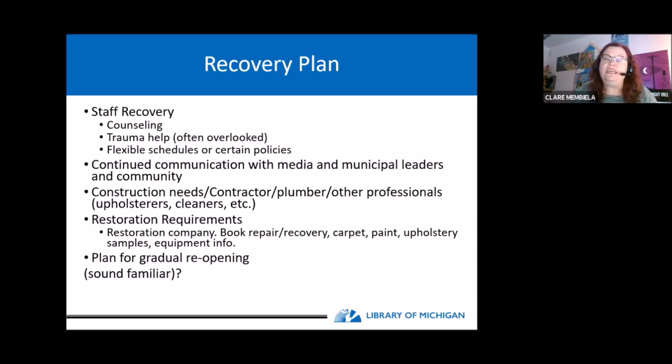Then keep names of contractors, plumbers, and other kinds of professionals in your recovery plan, so that when the crisis occurs, you can call that person, because if it's a big enough crisis, everyone else is going to be calling them too. And if you can get a jump on it by not having to waste time going, oh, who do I call? Then you may be able to get your bid in early, and you may not be sitting in line for too long.